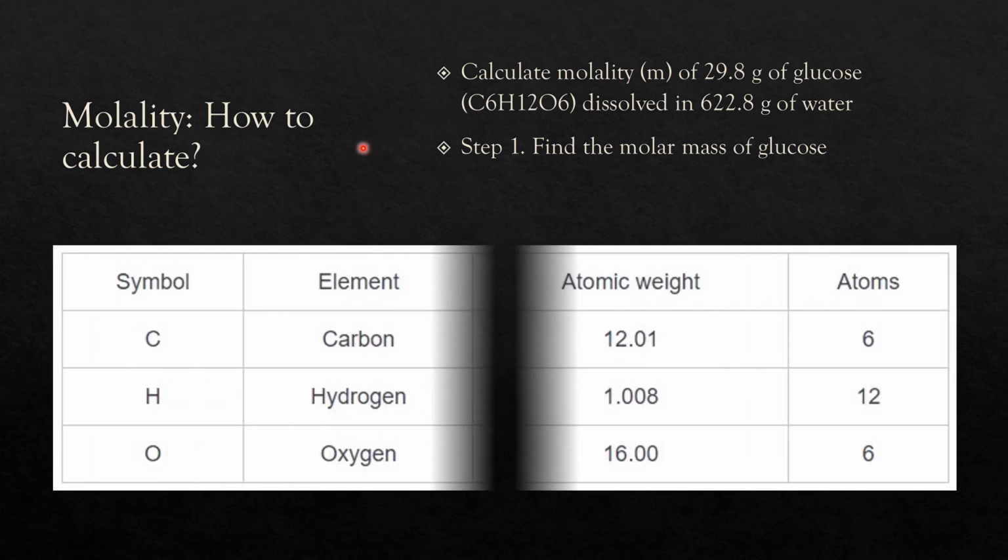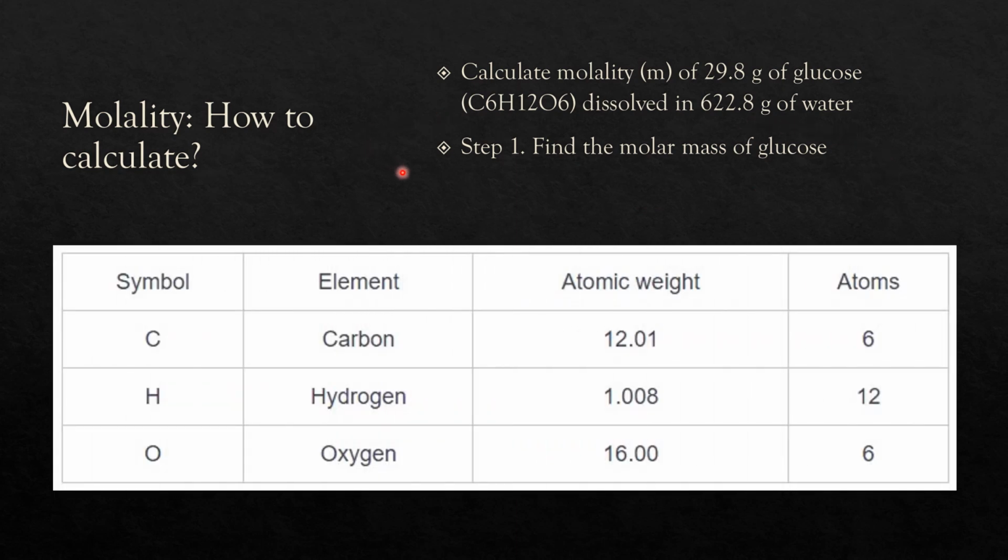mass of the glucose. To find the molar mass of glucose, we need to refer to our periodic table of elements and find the atomic weight of the individual elements. Again, glucose is composed of these elements: carbon, hydrogen, and oxygen. There are 6 atoms of carbon, 12 atoms of hydrogen, and 6 atoms of oxygen in glucose.